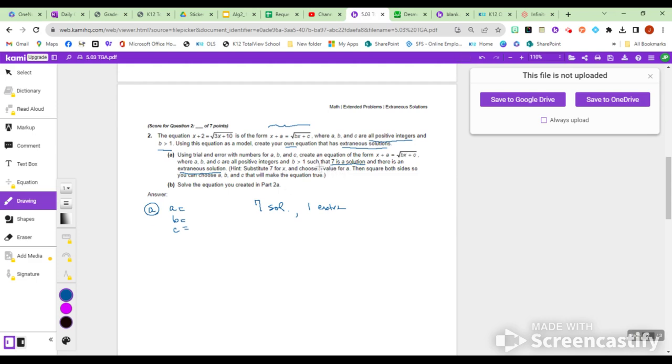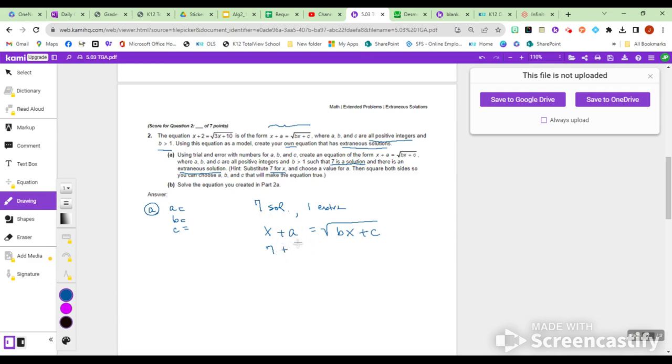Substitute 7, so we've got this equation, x plus a is equal to the square root of bx plus c. Substitute 7 for x, so we're going to put a 7 here, and choose an a. Okay, the only restrictions on your a is that a has to be positive and a has to be an integer, meaning no decimals, no fractions.